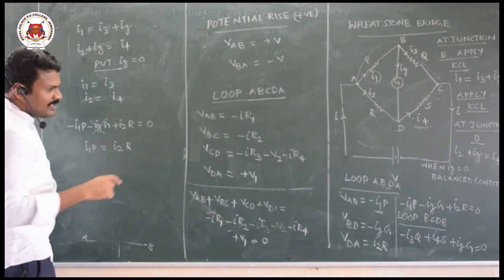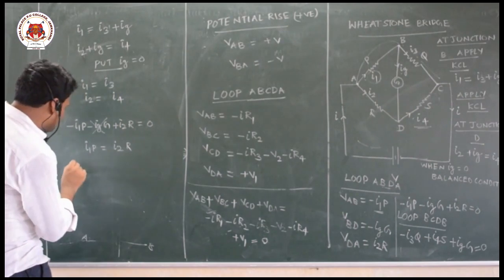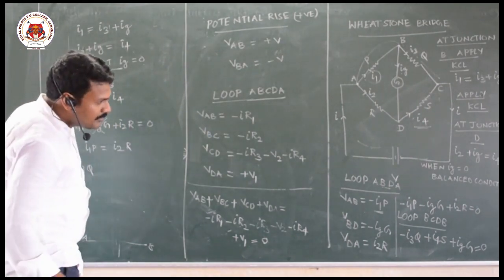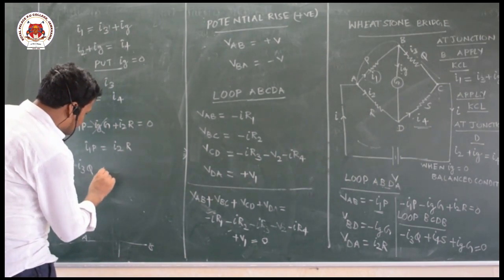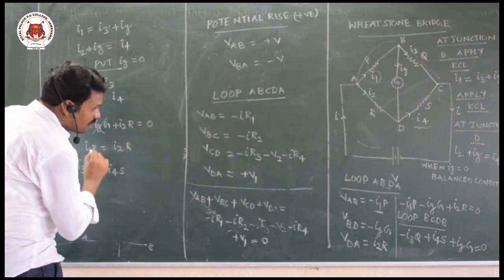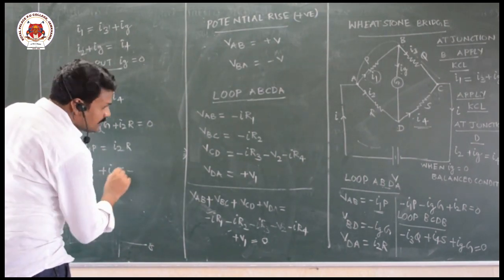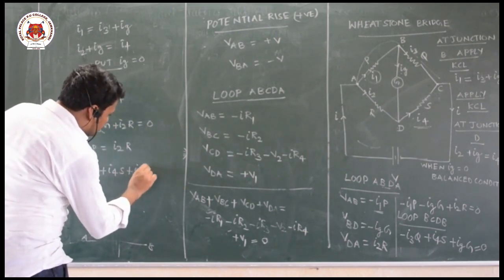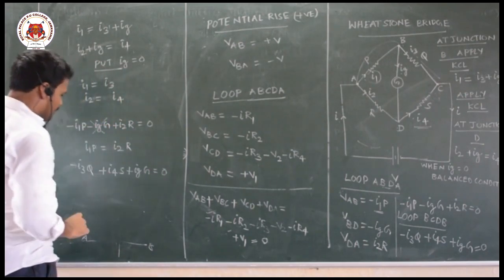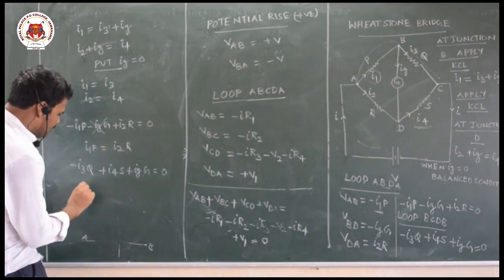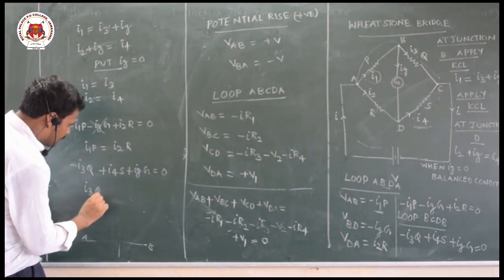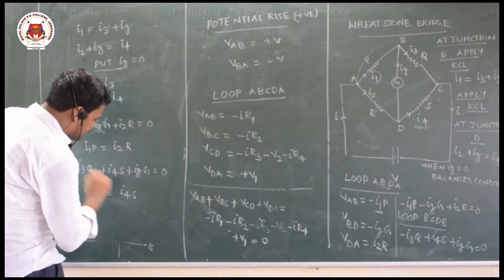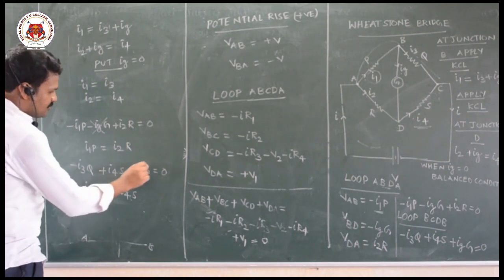Again take the next equation: minus I3Q plus I4S plus IgG is equal to 0. Now you get I3Q is equal to I4S, because this term is 0.